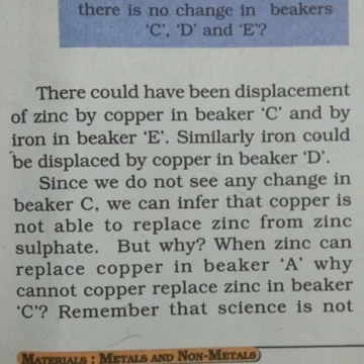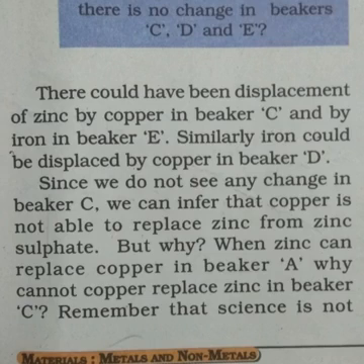That means copper is not able to replace zinc from zinc sulfate in beaker C, or copper is not able to replace iron from iron sulfate in beaker D, and iron is not able to replace zinc from zinc sulfate in beaker E.